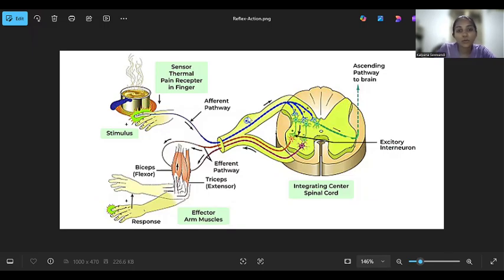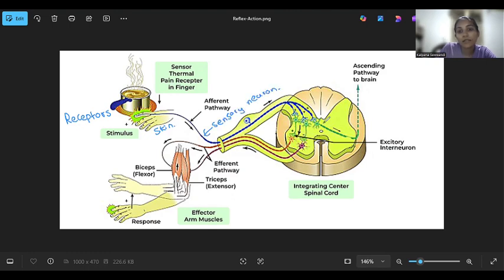In this picture, you will see how the reflex arc works. The finger touches the hot plate. Then the stimulus is received by receptors. Here, the receptor is the skin. Then this is the sensory neuron.